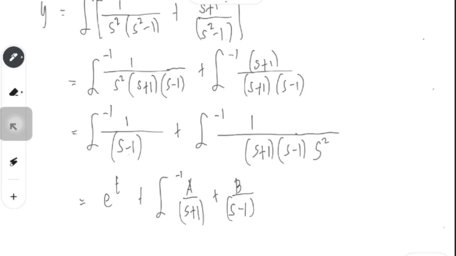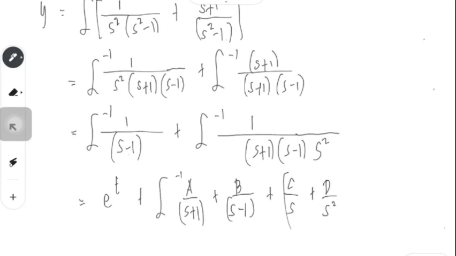Tapos ito, paano yung S squared? Ito na yung sinasabi ko sa inyong case 2 ng partial fraction. So you have here, let's make use of C. C all over S, then plus D all over S squared. Case 2. Itong part na ito, it falls under case 2.